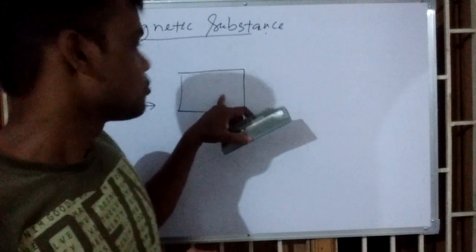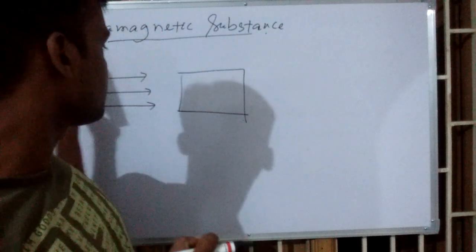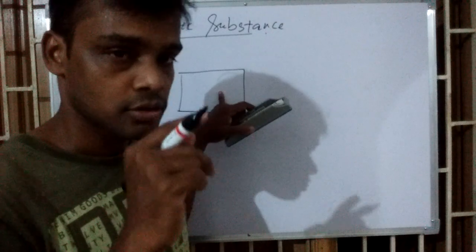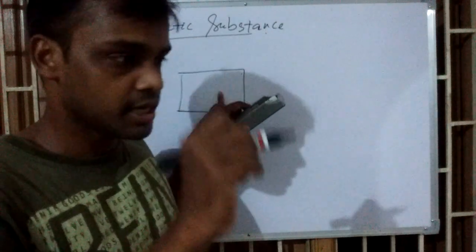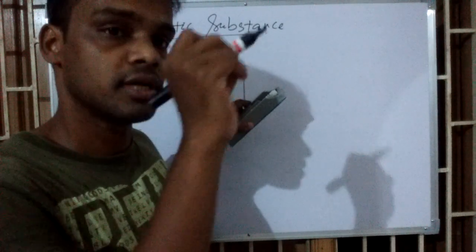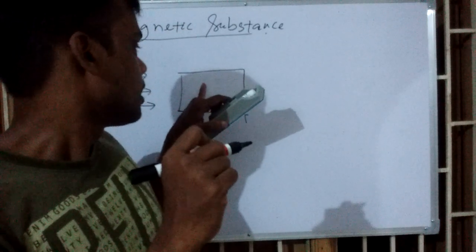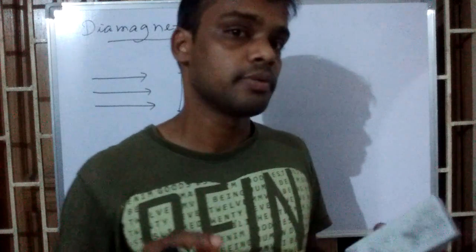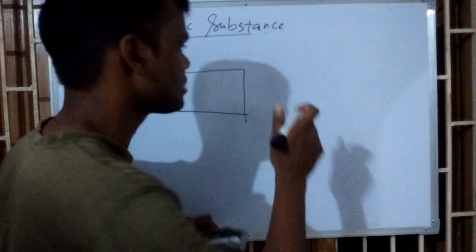Now, if an external magnetic field is applied, there are always two types of electrons, those that rotate clockwise and those that rotate counterclockwise, and likewise they produce two types of dipole moments. What are those dipole moments?